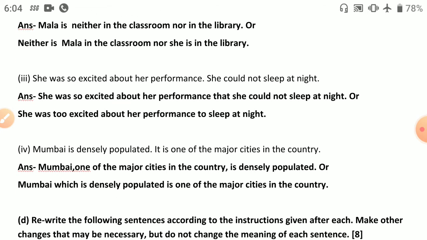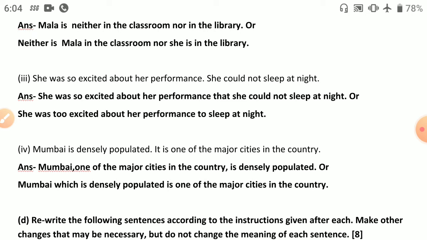Next is: Mumbai is densely populated. It is one of the major cities in the country. Here you can synthesize the sentence, combine the sentence, or join the sentence using apposition, noun in apposition. Noun in apposition means when you put a noun, or noun phrase, next to the noun.